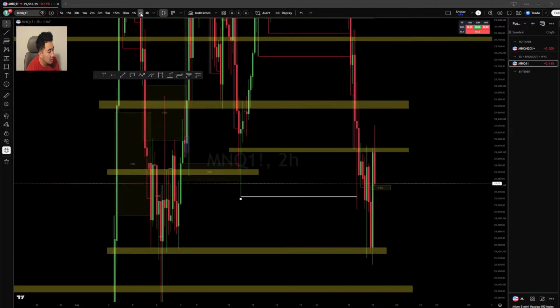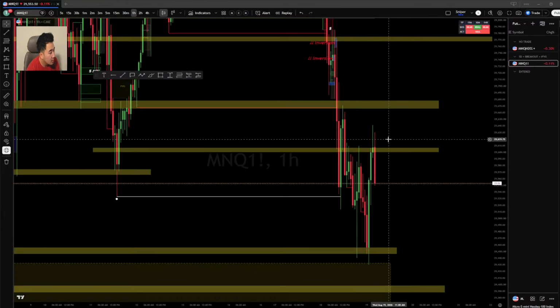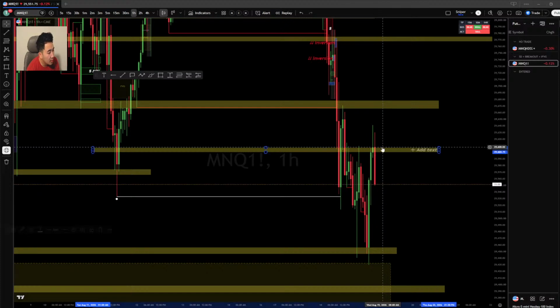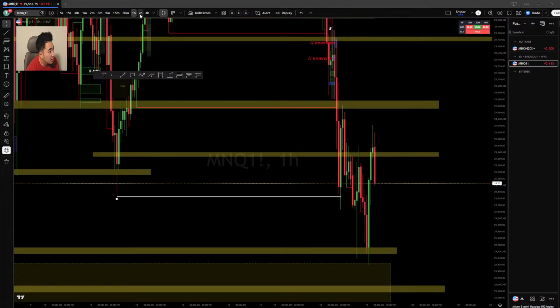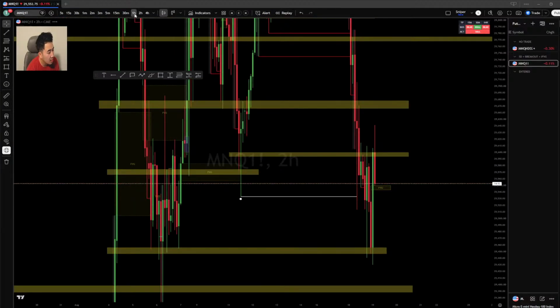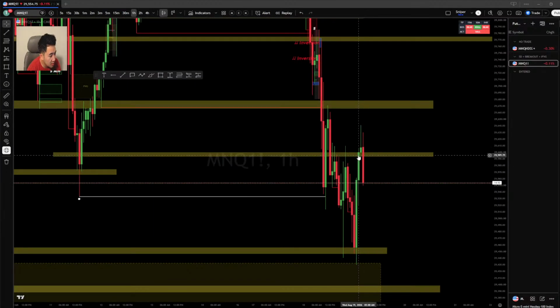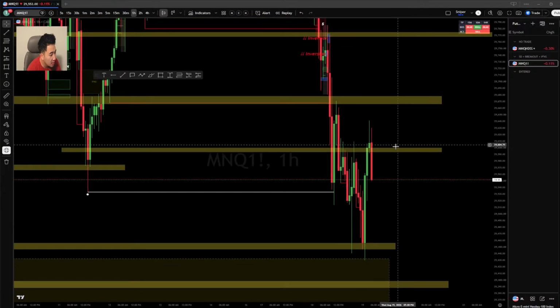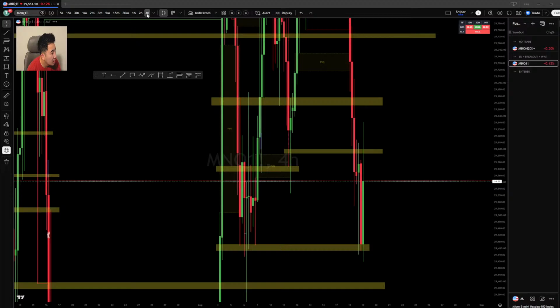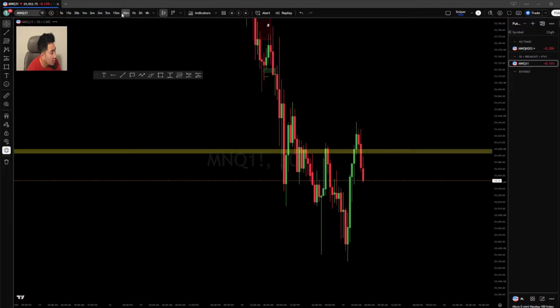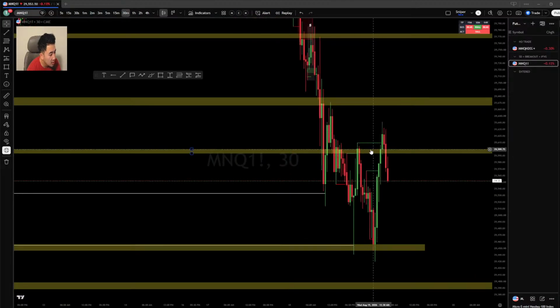The 2 hour looks more clean with the wicks here. The 1 hour, I'm just going to bring this down, because it looks like price went up here, then retested back up. Say 30 minute, actually.